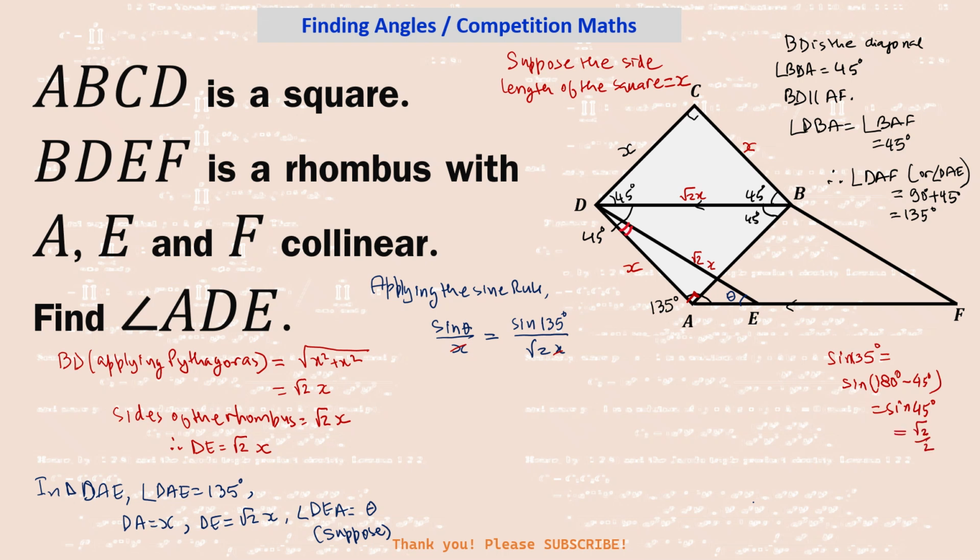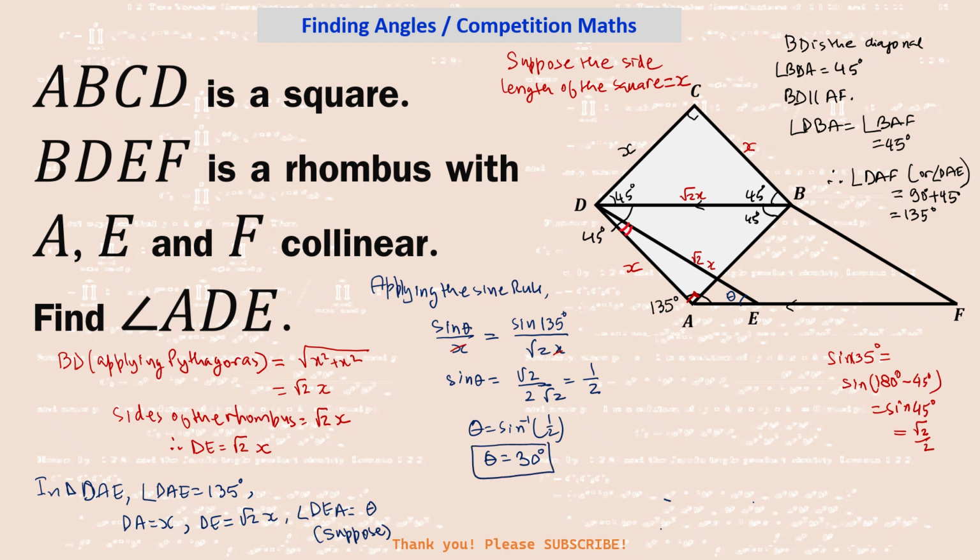So sine theta equals root 2 over 2 root 2, that is equal to half. Therefore theta is sine inverse of half, so theta equals 30 degrees.